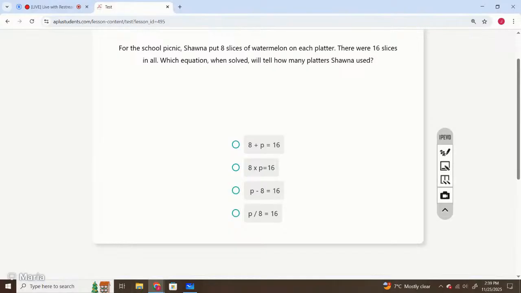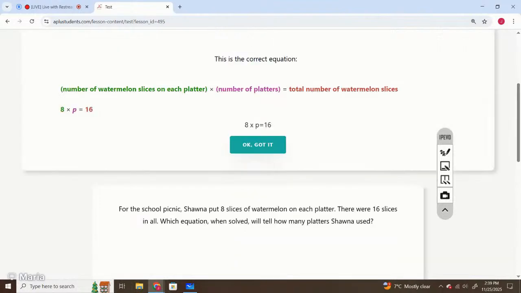That is P divided by 8 equals 16. Oh, sorry, 8 times P is 16.